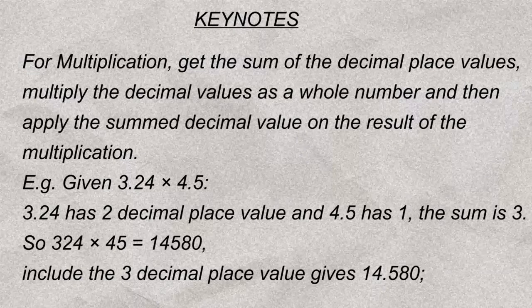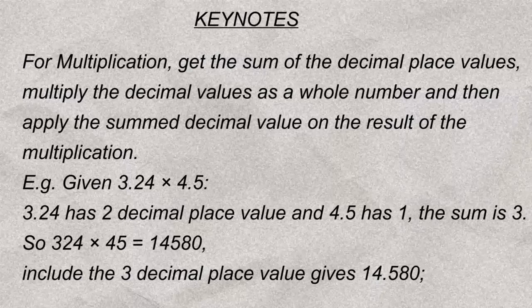So, changing them back to normal numbers, we'll have 324 multiplied by 45. It will give us a total value of 14580. Now, after this, you will include the 3 decimal place value, which will give you 14.580.